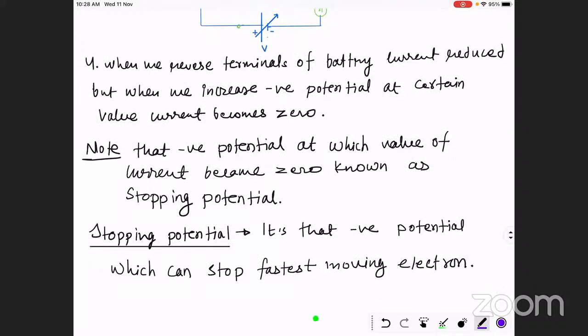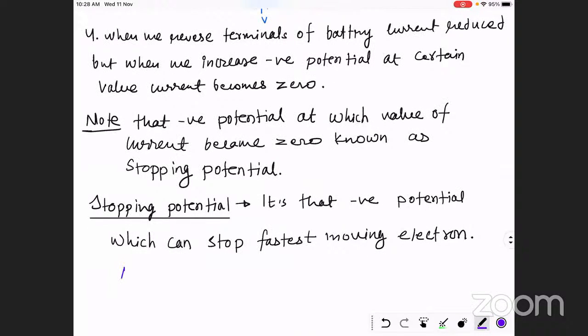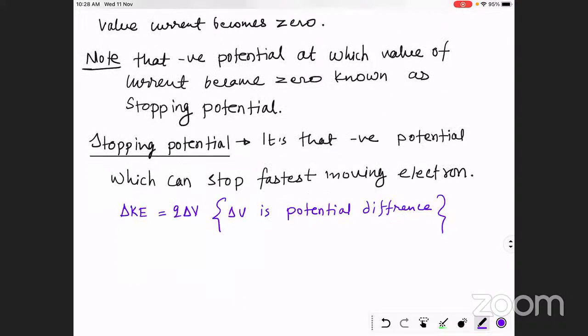But do you remember from electrostatics, change in kinetic energy is equal to Q delta V, where delta V is the potential difference? Do you remember this? Yes, sir. Okay. Now assume the electron has some kinetic energy, and the final kinetic energy of the electron is 0.